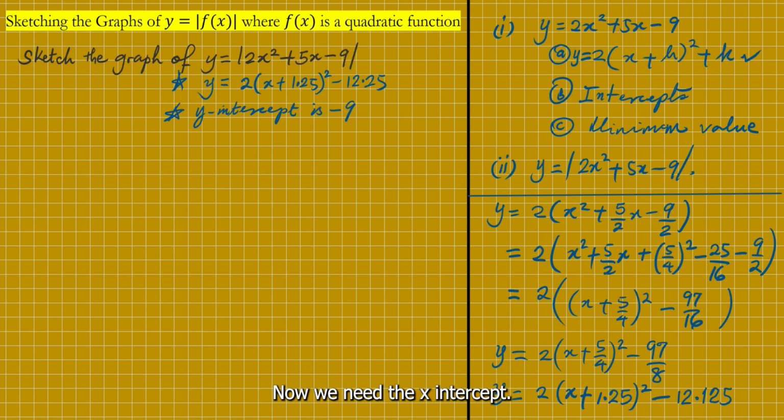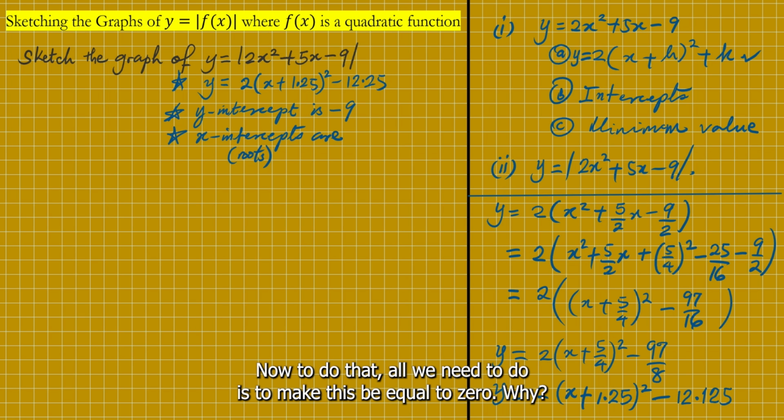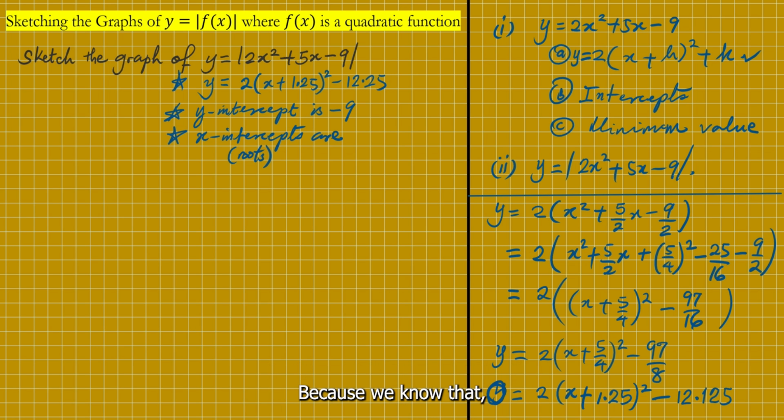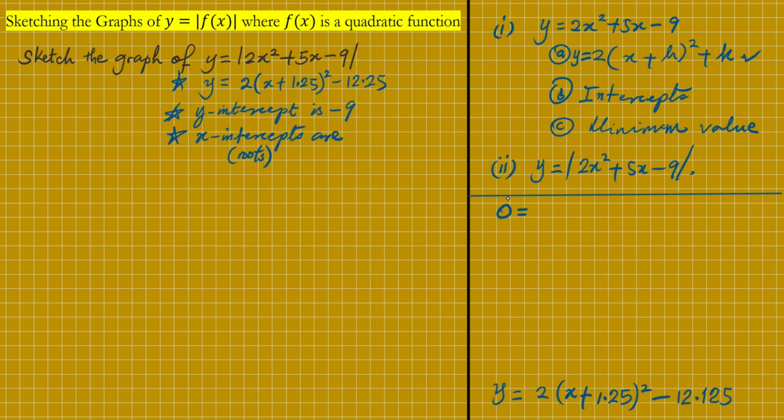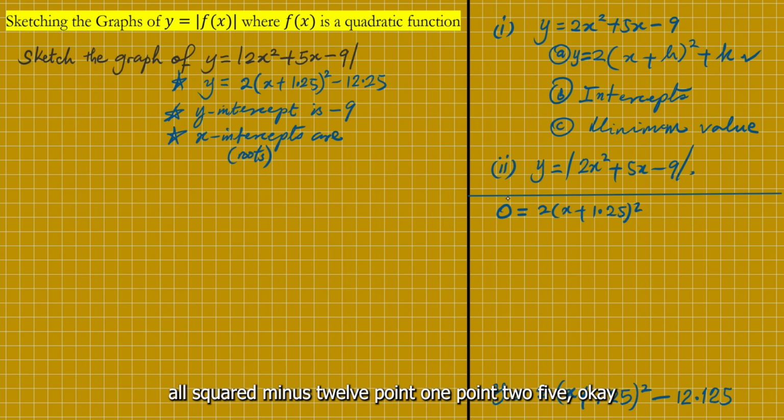Now we need the x-intercepts, which are the roots. Now to do that, what we need to do is to make this equal to 0. Why? Because we know that on the x-axis, y is always 0. So 0 equals 2 into x plus 1.25 all squared minus 12.125.